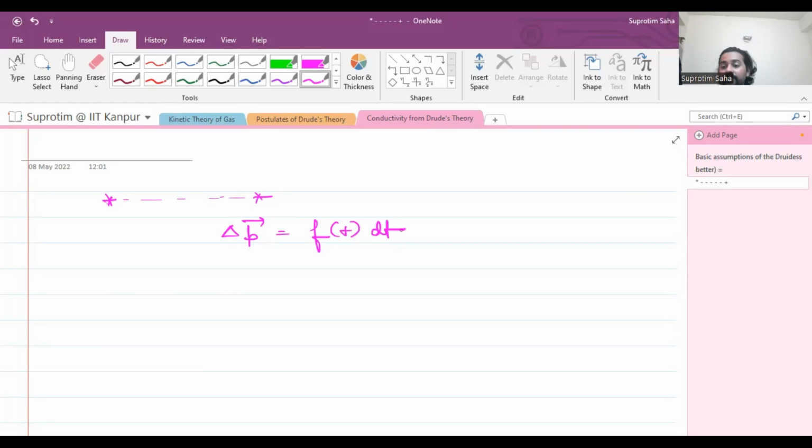So if it's affected by an electric or magnetic field between two successive collisions, it will carry an additional momentum due to the applied force. And this comes from the basic Newton's law.